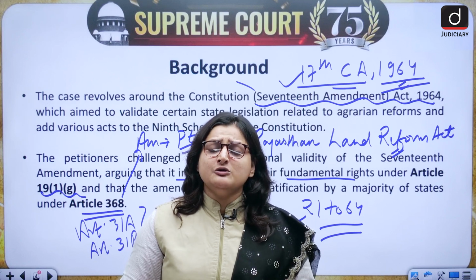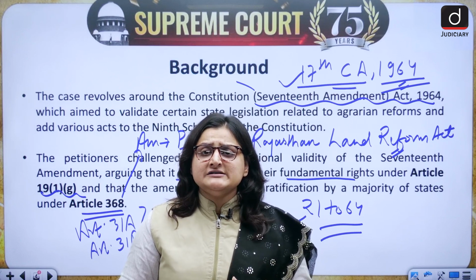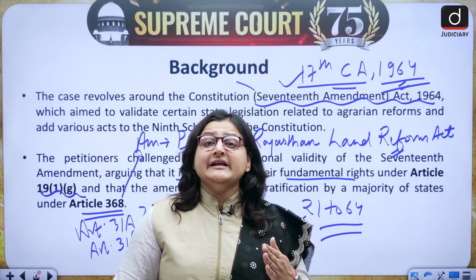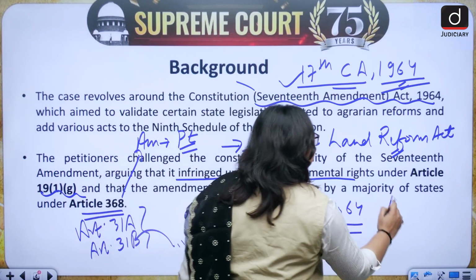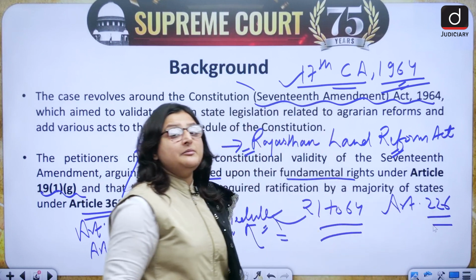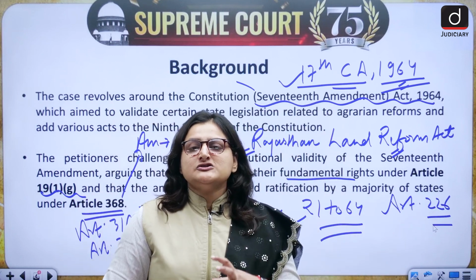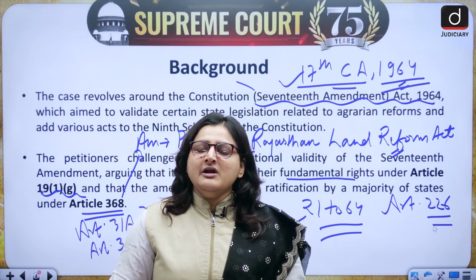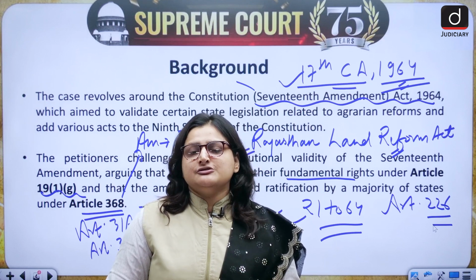This was one of the issues, and moreover, he contended through his petition before the Supreme Court that even Article 226 is being violated. It means the High Court's power is also being violated, because by keeping the laws in the 9th schedule, it is beyond judicial scrutiny.